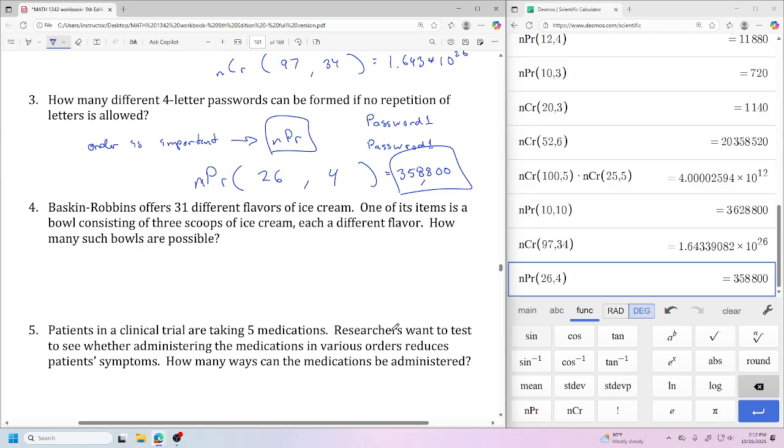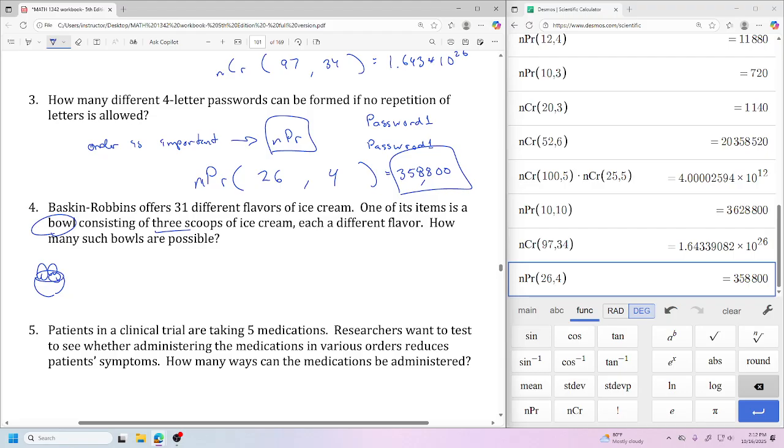So Baskin Robbins is offering 31 different flavors, and it has a bowl consisting of 3 different scoops. How many different bowls? So is order important? You're scooping it in a bowl. Let me draw what a bowl looks like. It looks like this. And we got scoop 1, scoop 2, scoop 3. So you go in and say, I want chocolate, strawberry, and vanilla.